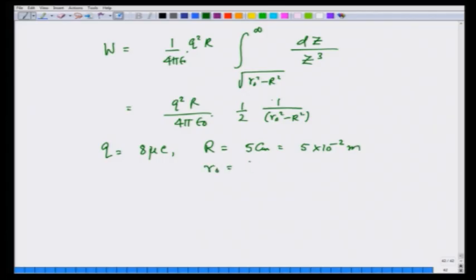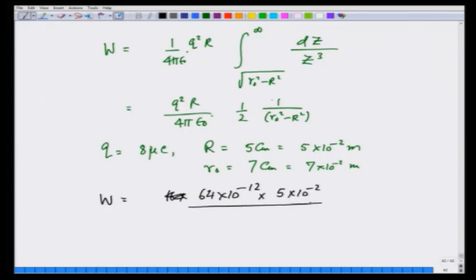R naught is given to be 7 centimeters, which is 7 times 10 raised to minus 2 meters, and therefore, the answer I get is work done is equal to q square, which is 64 times 10 raised to minus 12 times r, which is 5 times 10 raised to minus 2, divided by 4 pi, 1 over 4 pi epsilon 0, which is going to be 9 times 10 raised to 9 divided by 2 times r naught square minus r square, which is going to be 49 minus 25 times 10 raised to minus 4.